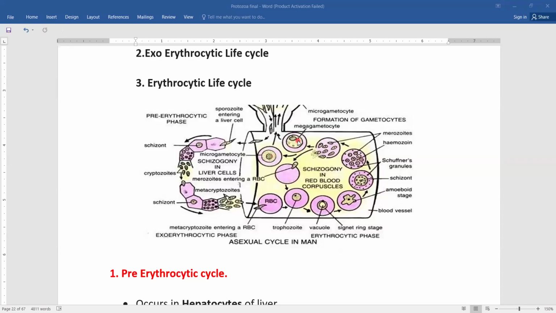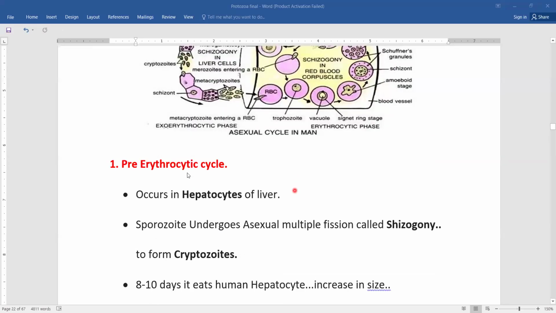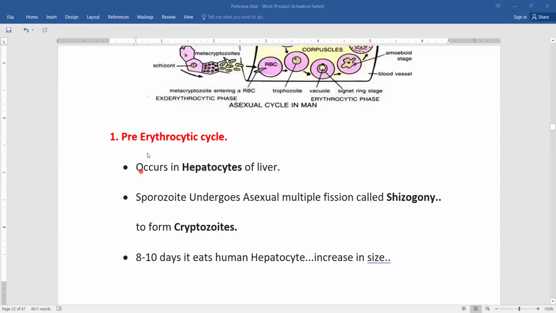Megagametocyte is bigger in size, and a smaller nucleus is present. Microgametocyte is smaller when compared with the mega, but its nucleus size is bigger than the megagametocyte. So these two stages are infective stages to the female Anopheles mosquito. Okay, so these are the points.